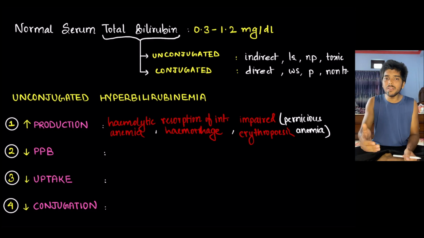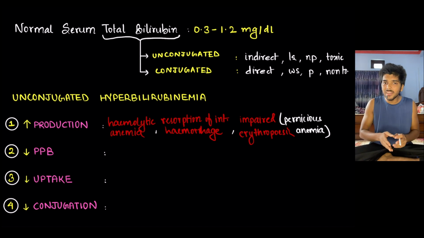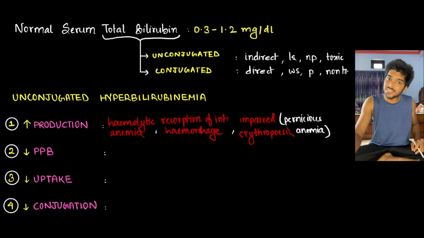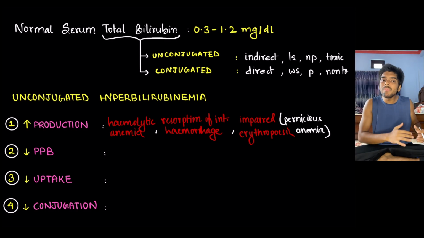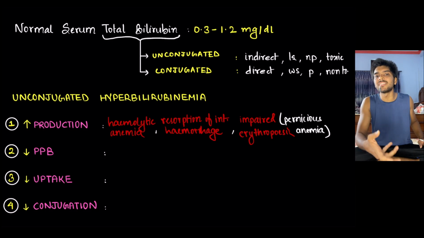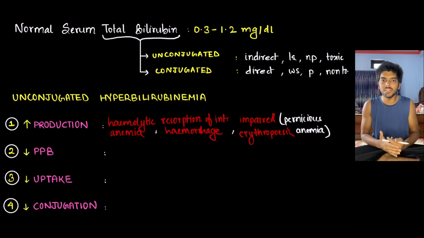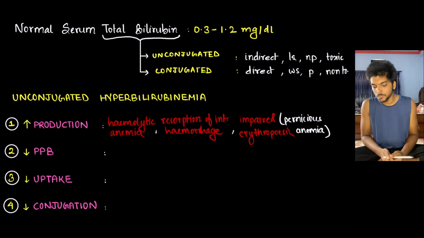During accelerated erythropoiesis, along with increase in the production of RBCs, there is also increase in the destruction of immature RBCs. So new RBCs are being made fast, but at the same time, immature RBCs are being killed faster as well. The macrophages will eat up the immature RBCs, leading to increase in the production of unconjugated bilirubin.